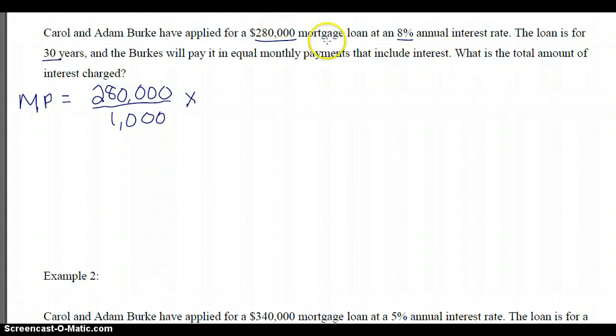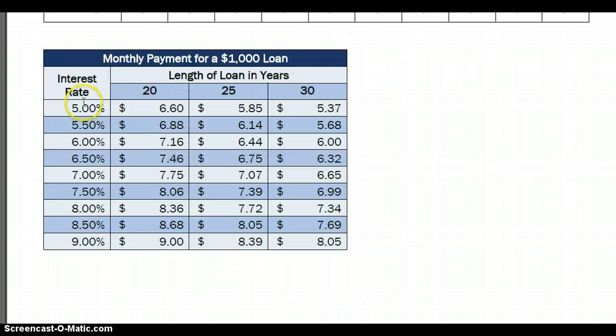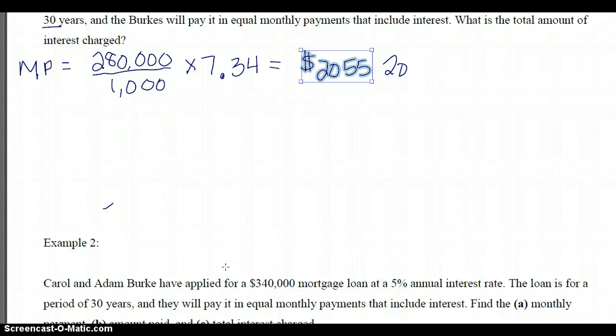So we need to know the 8% and 30 years, and then we can look up on our formulas and find our interest rate. 8% for 30 years is 7.34. So now we're going to multiply by 7.34, which will give us a payment of $2,055.20.